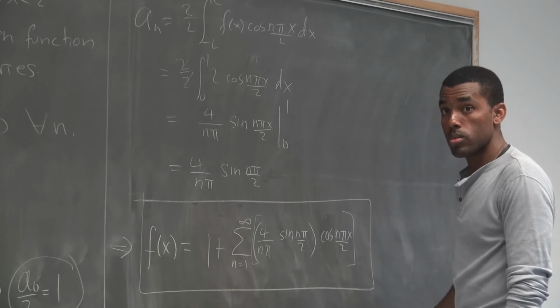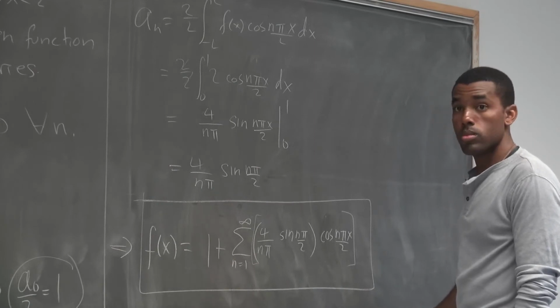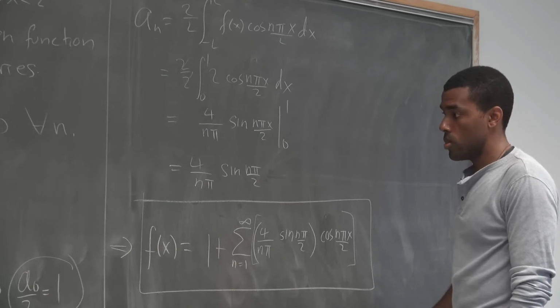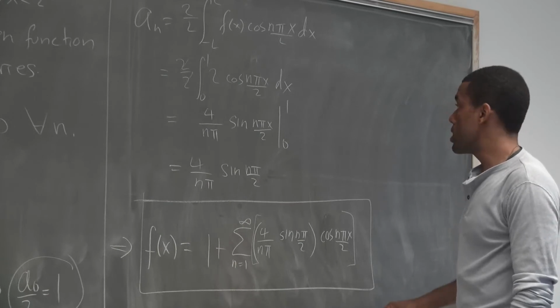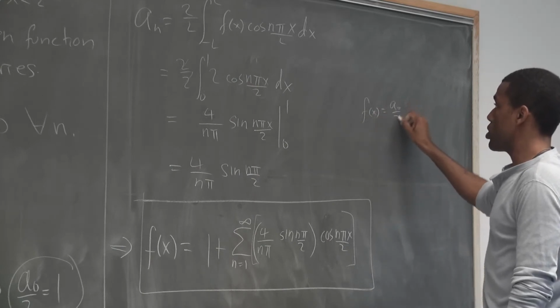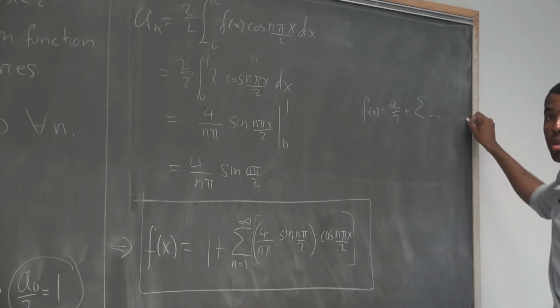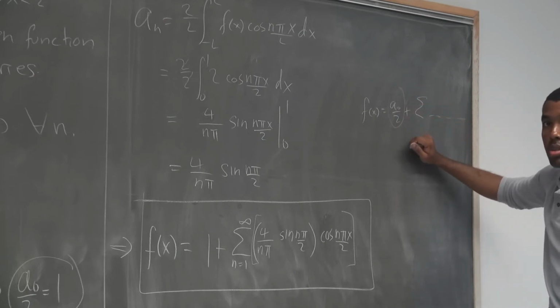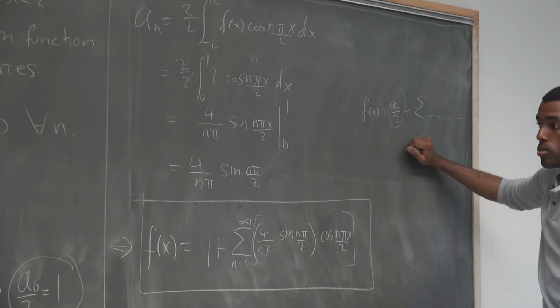I have a question. So, at this one part, when you equate a0 over 2 equal 1. Yeah, because remember in the general formula, your f of x is a0 over 2 plus the series of blah, blah, blah. So I always want to know a0 over 2. Okay. But when you equate it equal 1, why do you do equal 1?